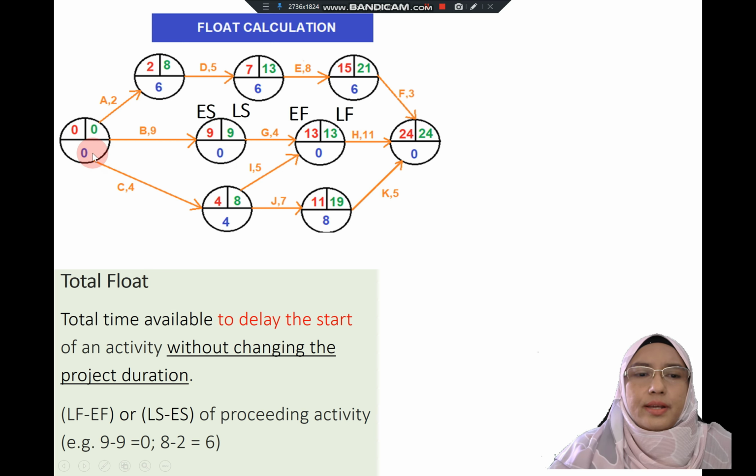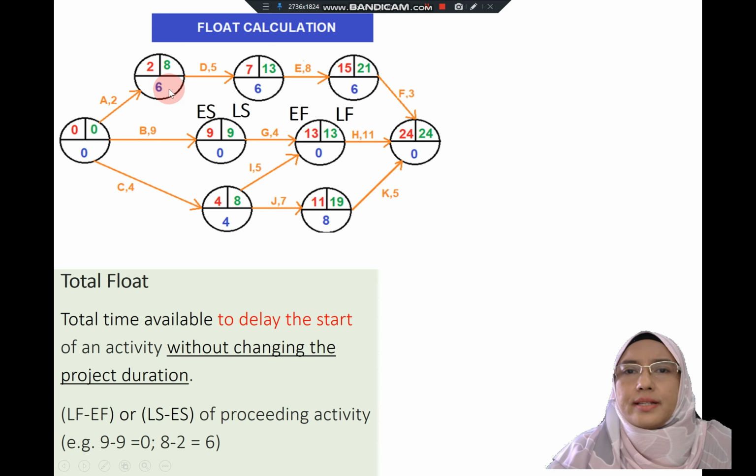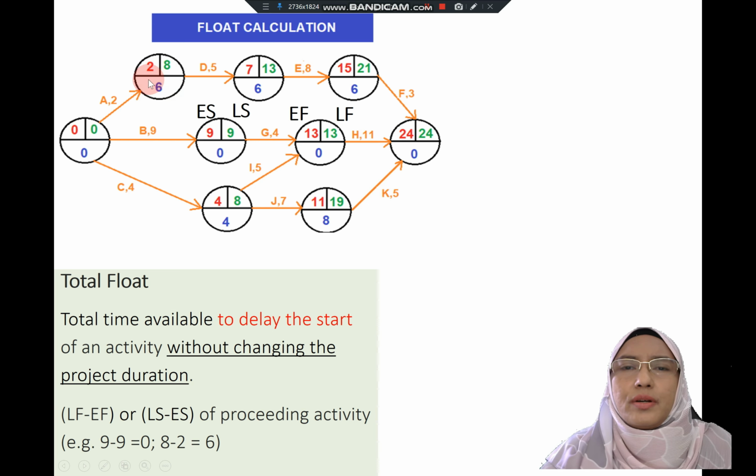Another example, activity D: 13 minus 7 is 6, and 8 minus 2 is 6. So it shows that activity D can start as early as week 2, but it can also start as late as week 8. So that is 6 weeks additional time. This is what we call total float.